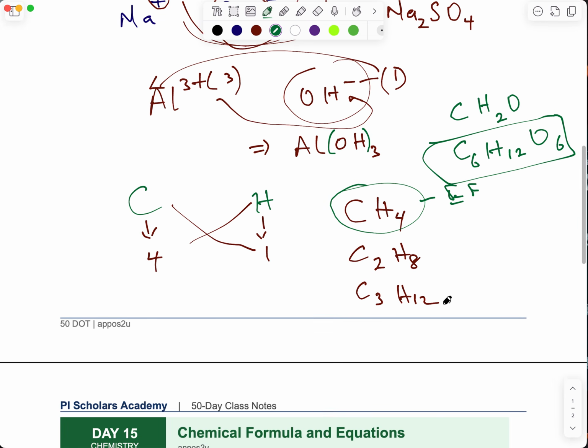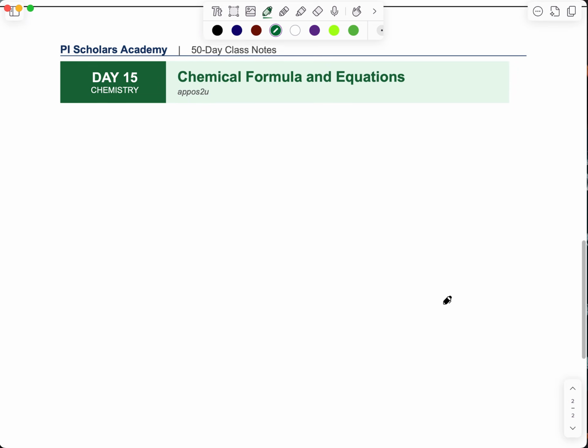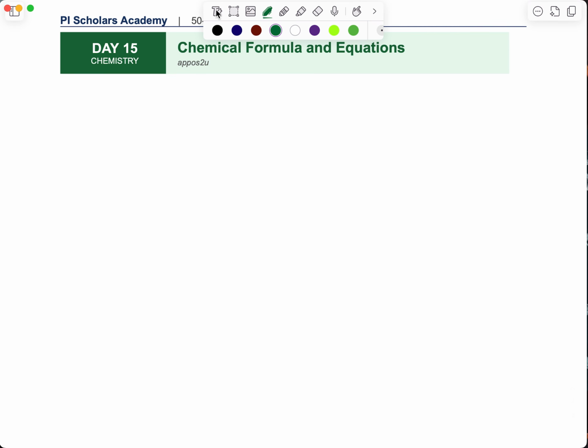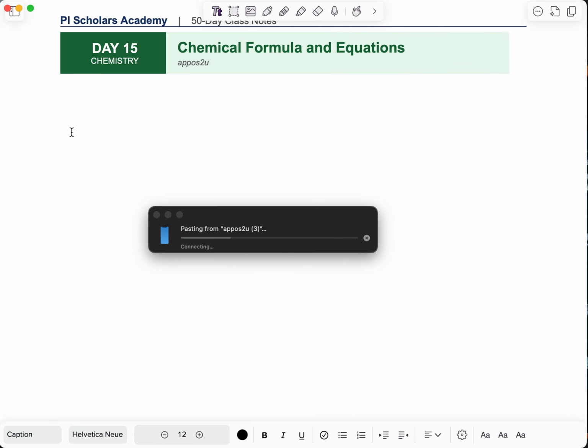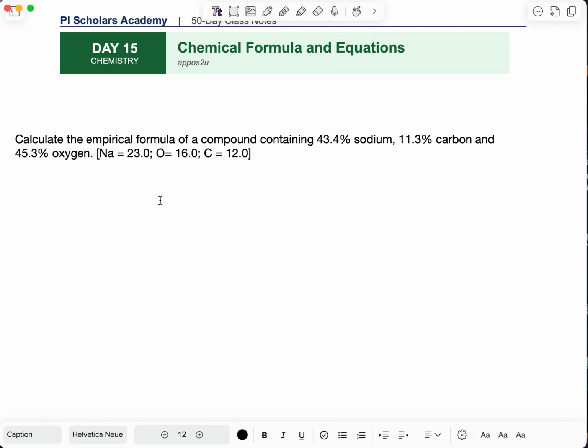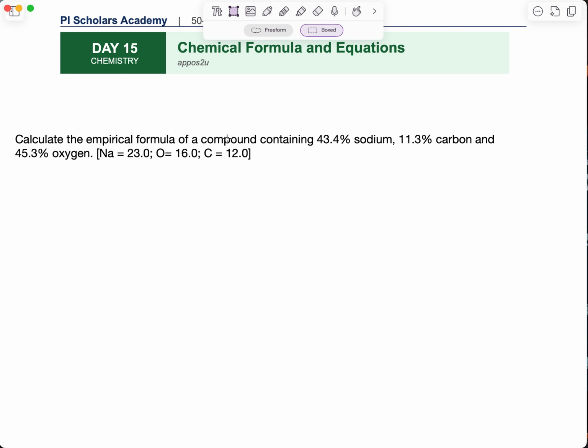I'm going to start with a question that I want us to look at together. I'm just going to paste that right here. The question says, calculate the empirical formula of a compound containing 43.4% sodium, 11.3% carbon, and 45.3% oxygen.